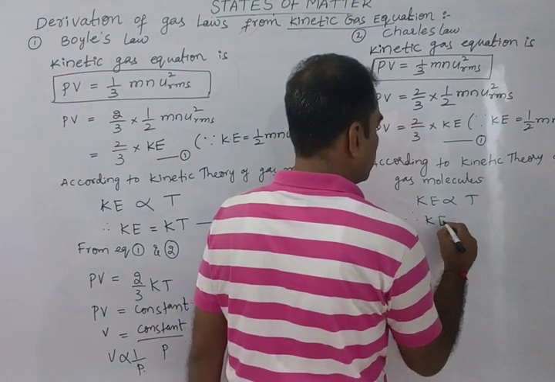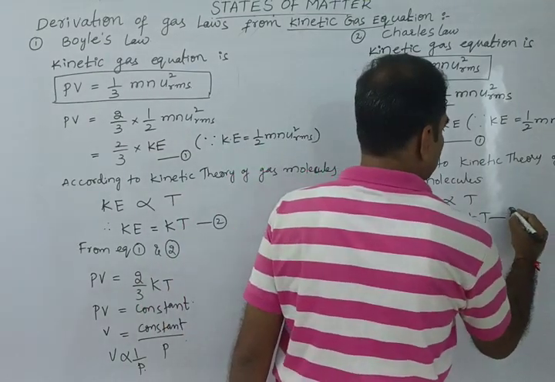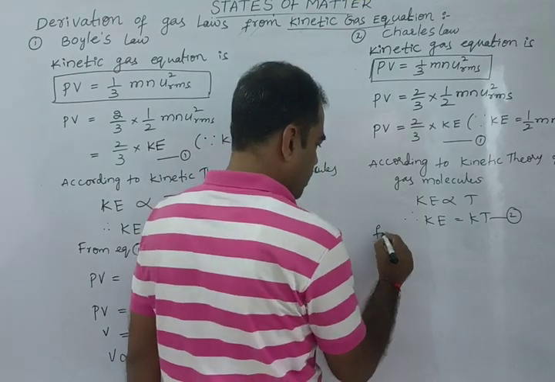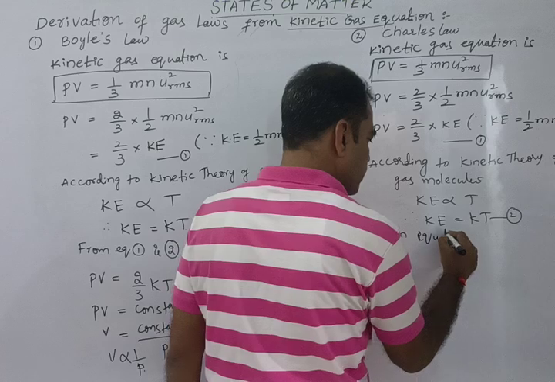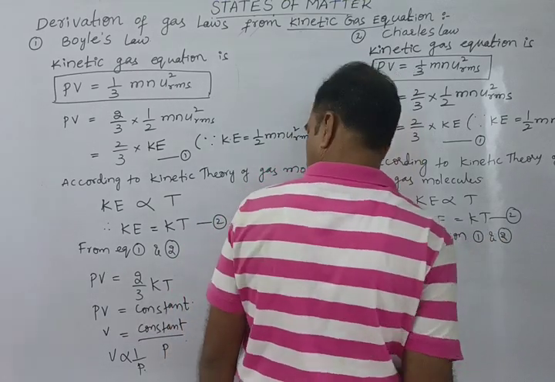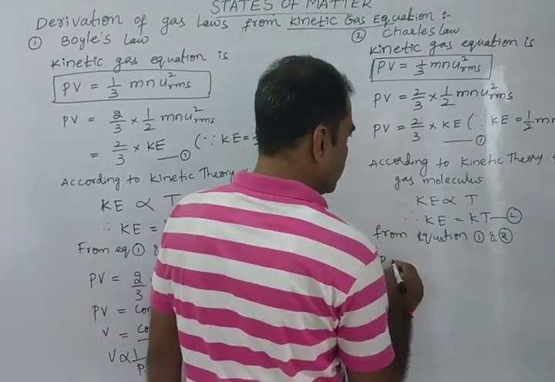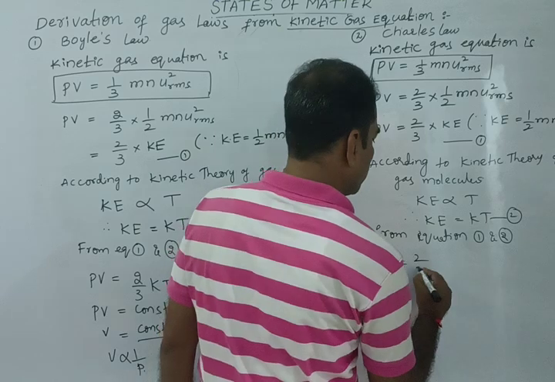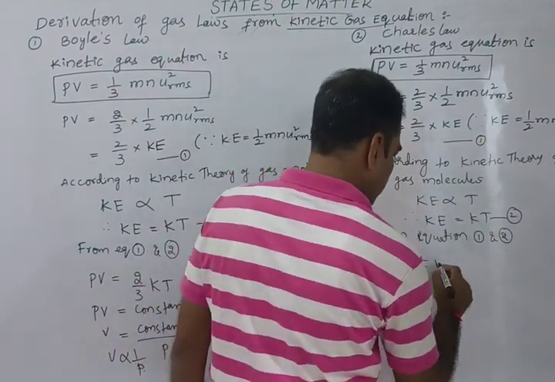Therefore, KE equals KT, where K is the constant term. Let us consider this as equation 2. From equations 1 and 2, PV equals 2 by 3, and instead of KE we represent KT: 2 by 3 KT.